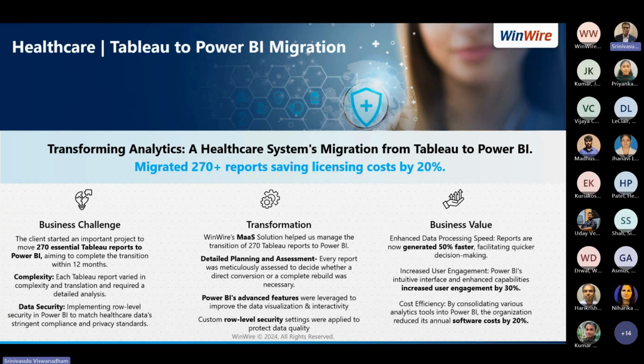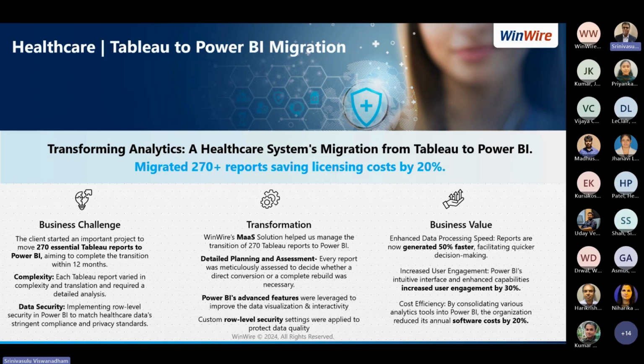We have followed it, and the customer has seen that the reports are generated 50% faster, and the users are really loving the engagement. The reason behind it is Power BI is so intuitive, and thanks to Microsoft and Power BI for that, right? And indeed, the cost efficiency.